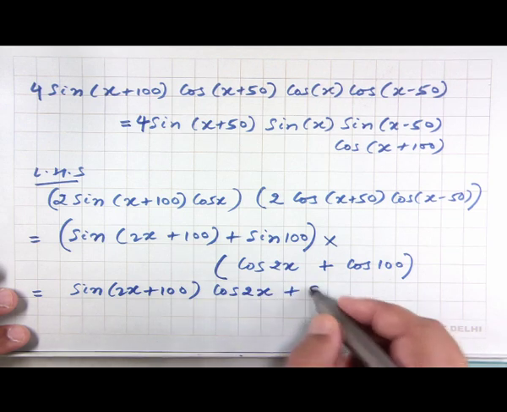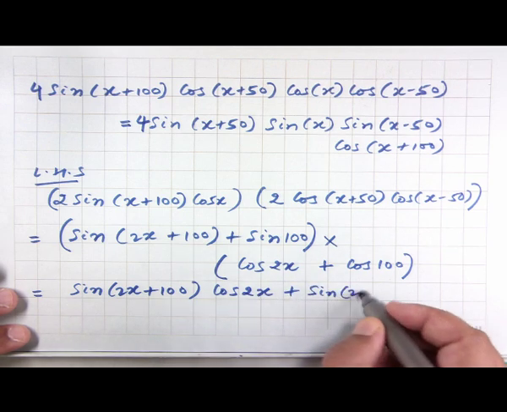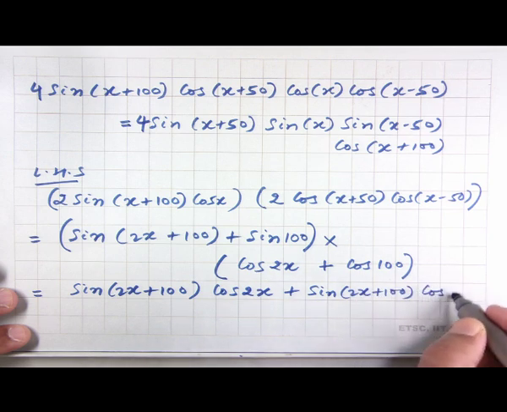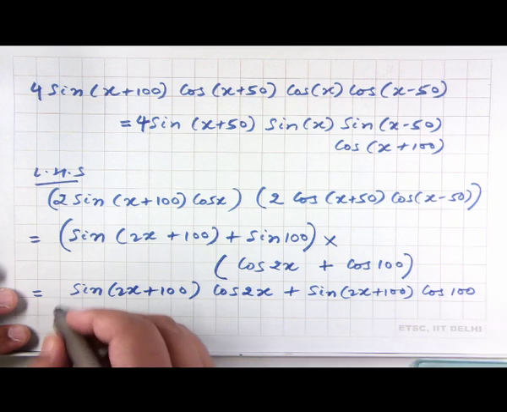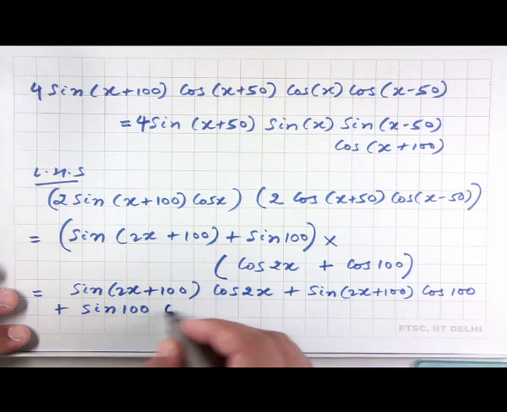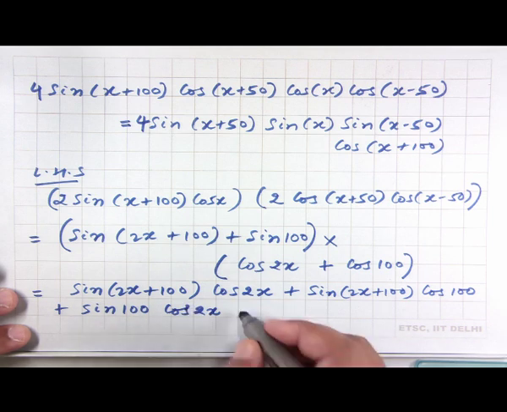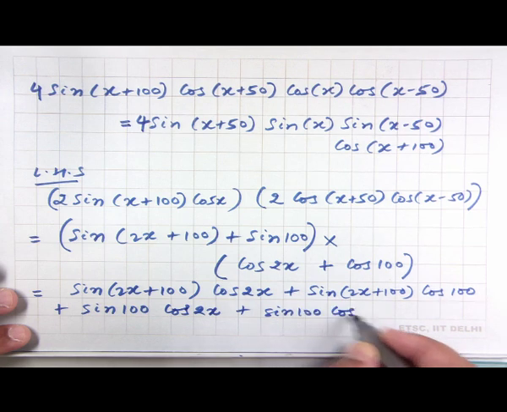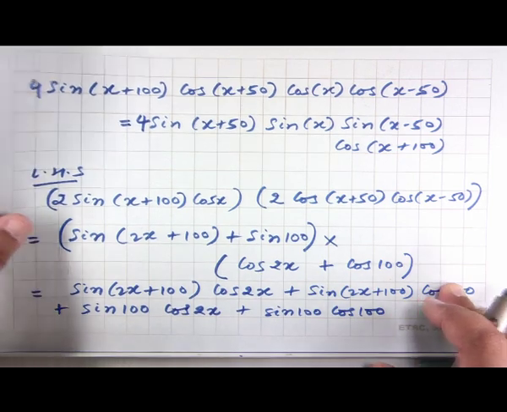Sine of 2x plus 100 times cos of 2x plus sine of 2x plus 100 times cos of 100 plus sine of 100 times cos of 2x plus sine of 100 times cos of 100. And we try to do a similar thing for the right hand side now.